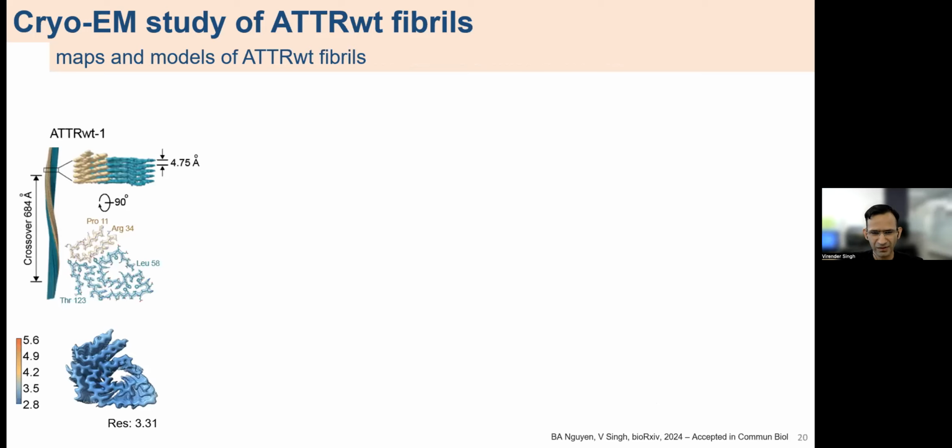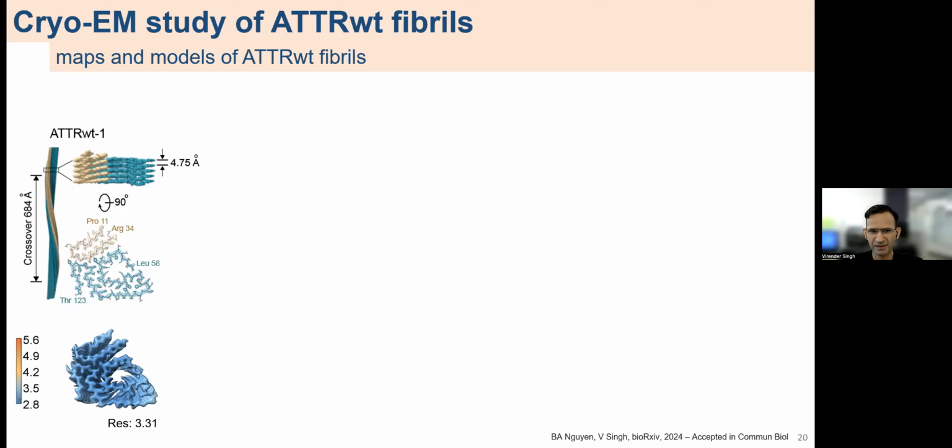So when we modeled this, we can see the conformation obtained by the TTR wild type amyloid. It has an N-terminal fragment which starts from proline 11 to arginine 34, and a C-terminal fragment starting from leucine 58 to threonine 123.